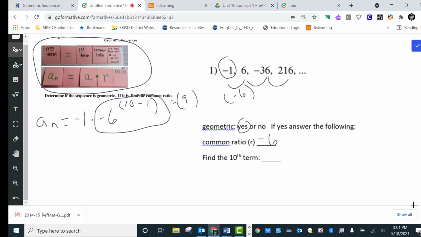And then I'm going to multiply by -1. I get a really big number. I get 10,077,696.